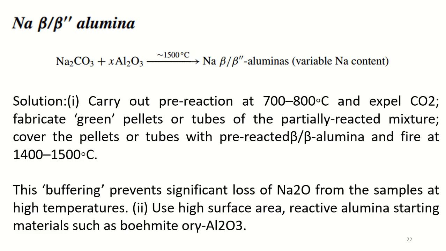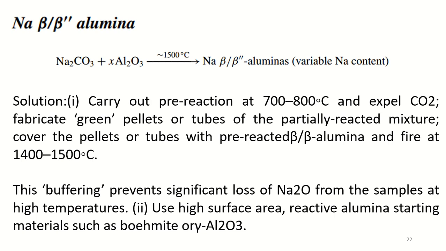Fabricate green pellets or tubes of the partially reacted mixture and cover the pellets or tubes with pre-reacted beta double dash alumina and fire at 1400 to 1500 degrees Celsius. This buffering prevents significant loss of sodium oxide from the samples at high temperatures.